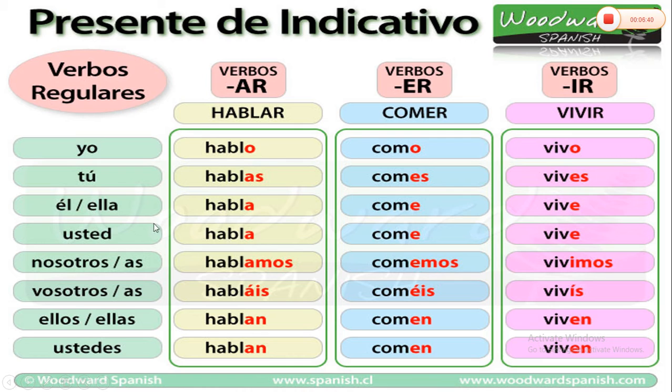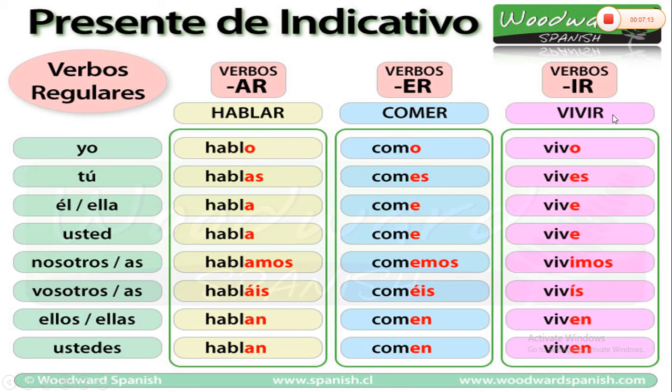Él, ella come, he, she eats. Usted come, you, formal, singular, eat. Nosotros, nosotras comemos, we eat. Vosotros, vosotras coméis, you eat. Ellos, ellas comen, they eat. Ustedes comen, you as a plural.